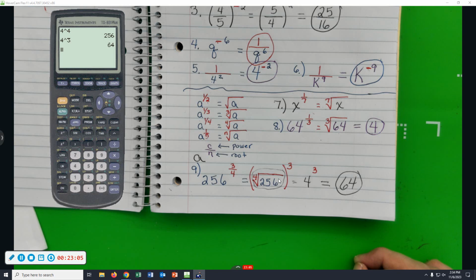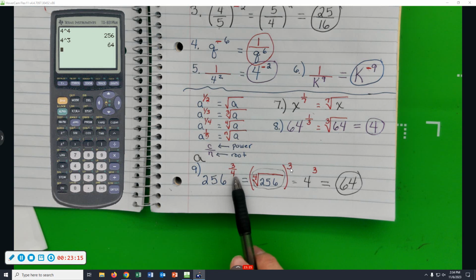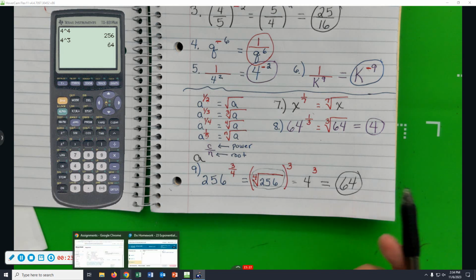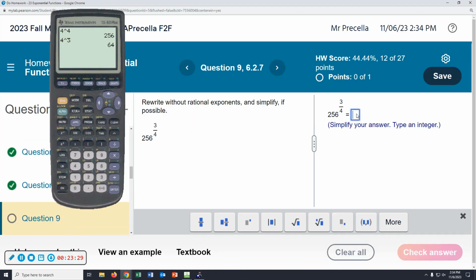I don't know what it is, but it's huge, and I don't want to have to worry about finding the 4th root of it. My advice is, if you're viewing an example, you may see them putting the 3 under the radical. I wouldn't do that if I were you. I'd simplify the radical and then perform the power, so you don't get such big numbers. That's right. So 64.